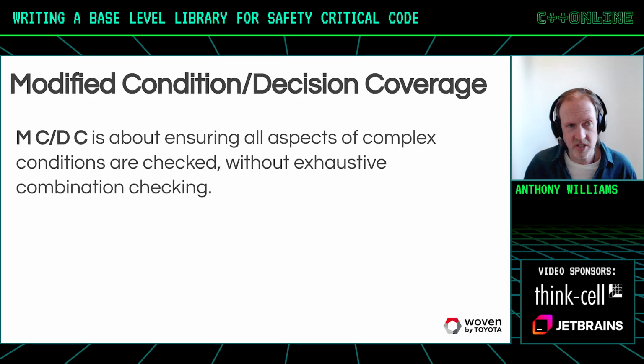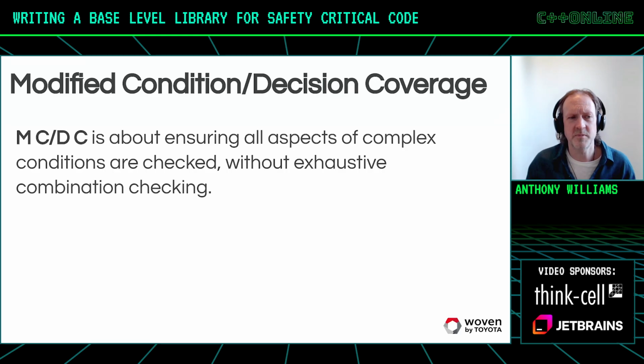For complex conditions, often one tests modified condition decision coverage. Often people describe this as MCDC testing, but it's really MC/DC, the way the acronyms go. It's the condition or decision in the middle, with the slash.